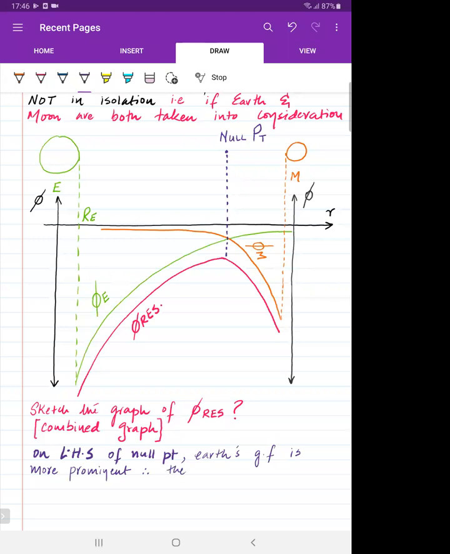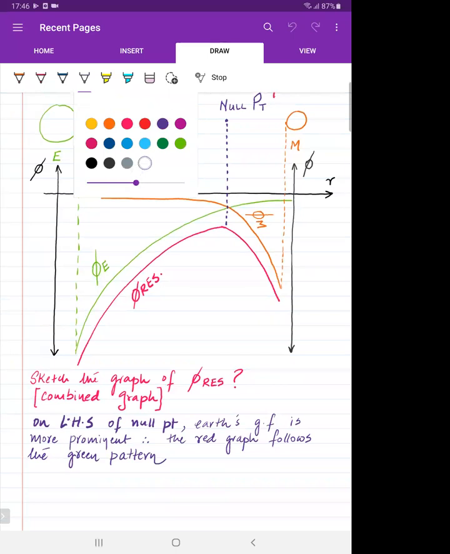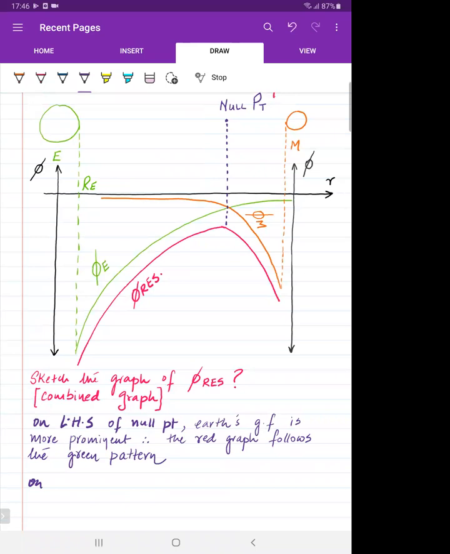Therefore, the red graph follows the green pattern, and on the right hand side of the null point, if you read my wordings alongside the diagram, so maybe आप justification आपको मिल जाएगी कि why the red graph is the way we have constructed it.